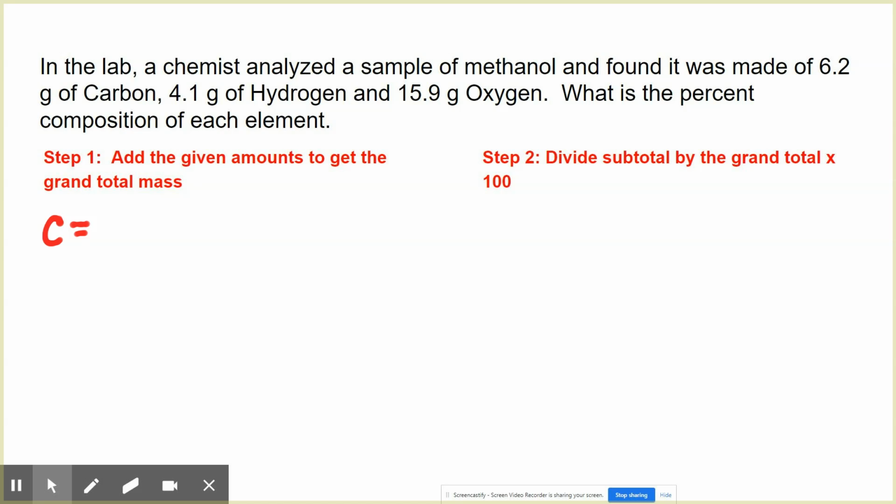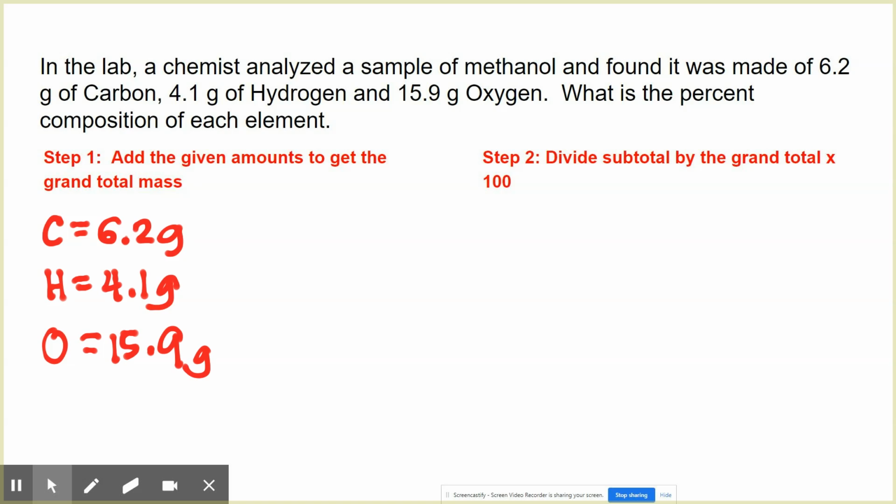So carbon is 6.2 grams, hydrogen is 4.1 grams, and then oxygen is 15.9 grams. Right. So let's add this all up. 6.2 plus 4.1 plus 15.9 gives me 26.2 grams.